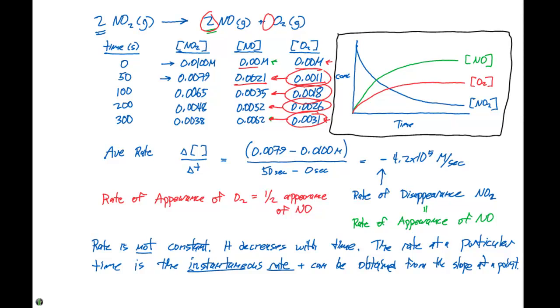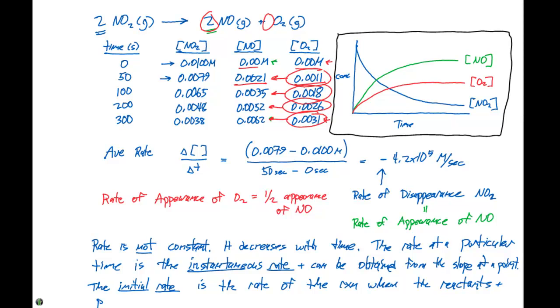The initial rate is the rate of the reaction when the reactants and products are first brought together.